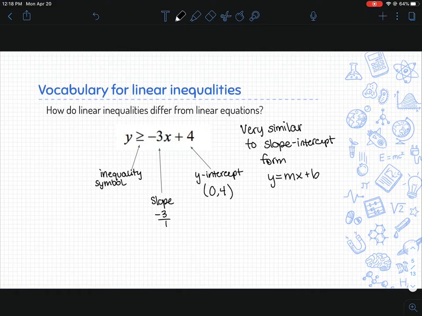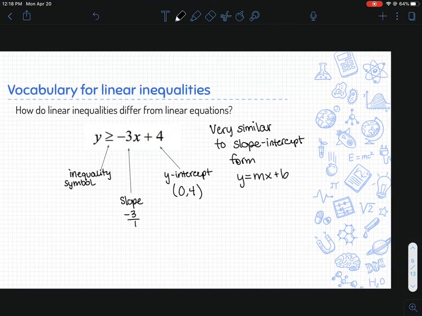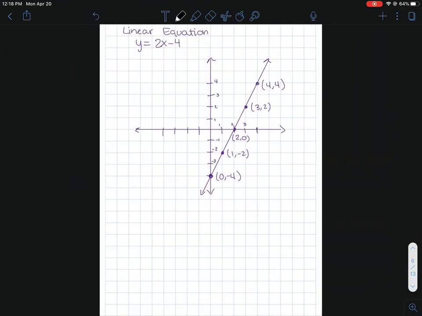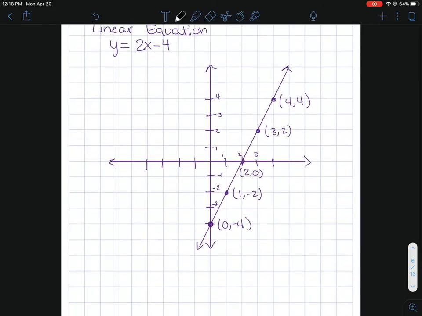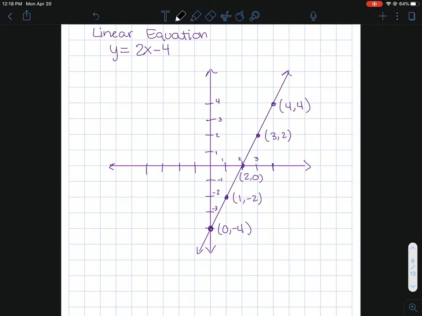Okay, so I know when I went over this with my period 1 and period 3, we had a little bit of trouble with the idea of a solution space or solution set. So we're going to go back a little bit and discuss what solutions to linear equations look like. We're used to graphing linear equations like this one, y equals 2x minus 4.